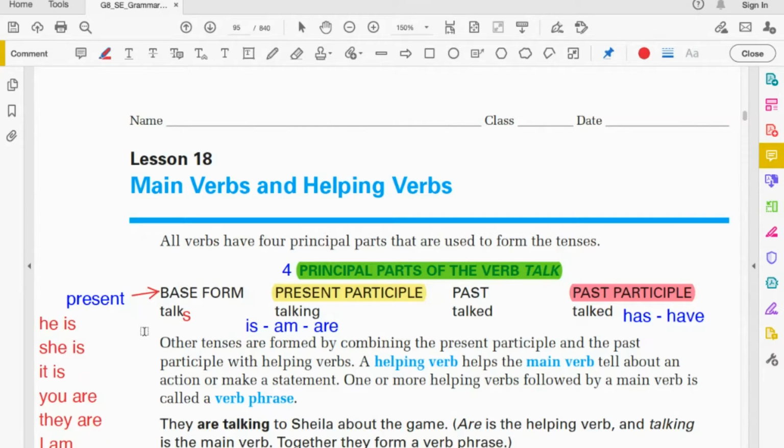She talks. The base form is the present tense verb. The past. We also talked about it. It takes the base form of the verb, the present tense, and to the present tense, it adds the suffix d or ed.